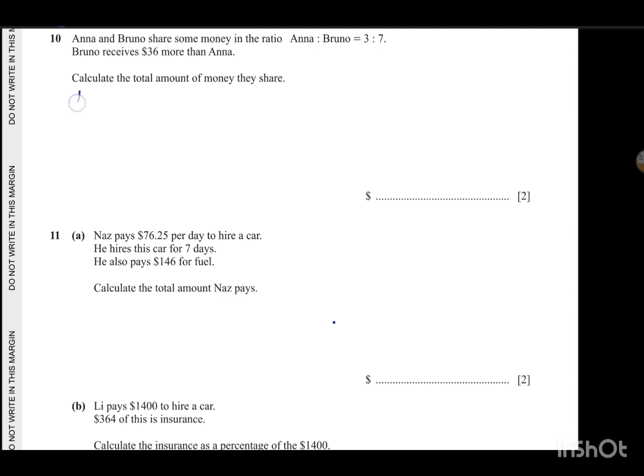First of all, let the total amount of money they share be x. We also don't know how much Anna got and how much Bruno got, but we know only that Bruno got 36 more than Anna.